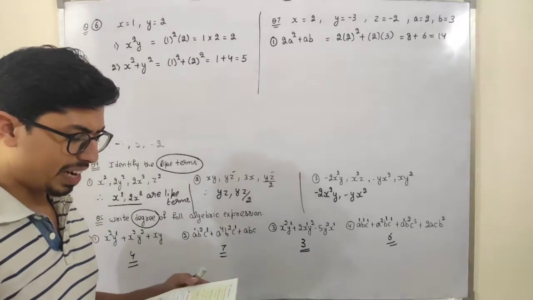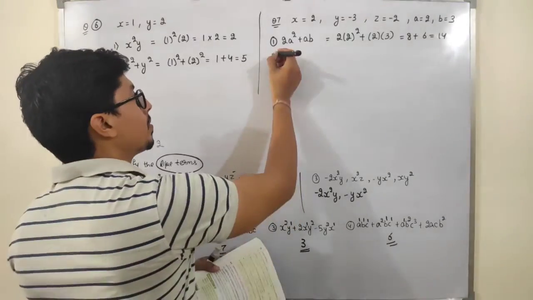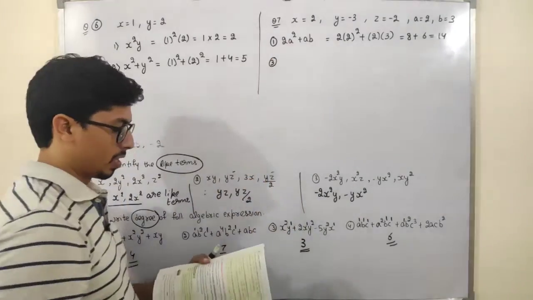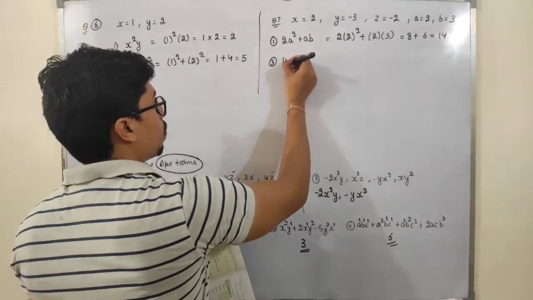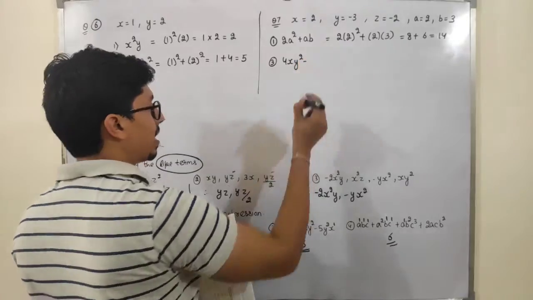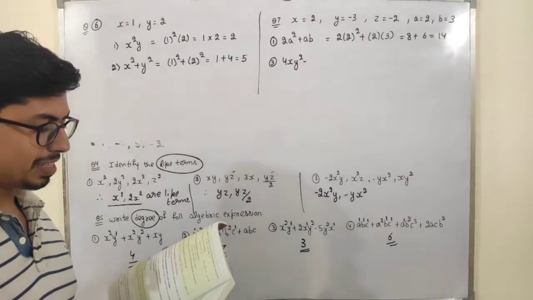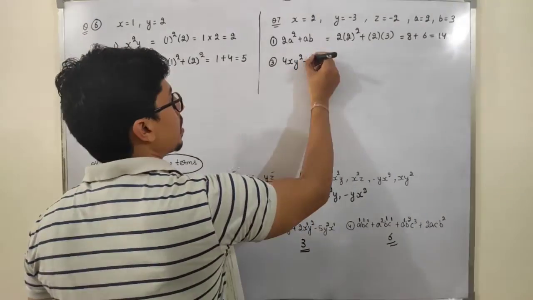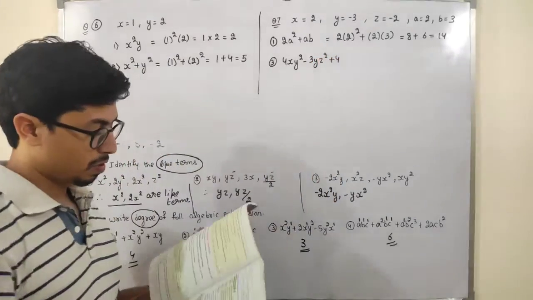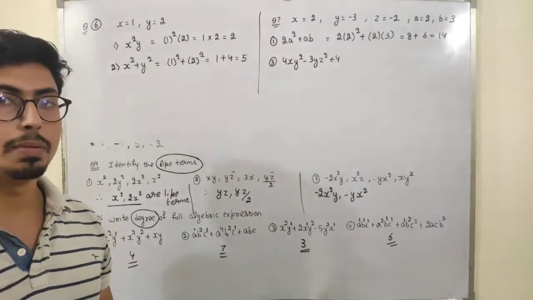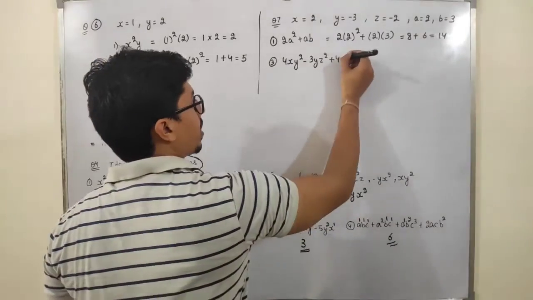Now, if I take the third part, okay, third part is 4xy square minus 3yz square plus 4x square z.